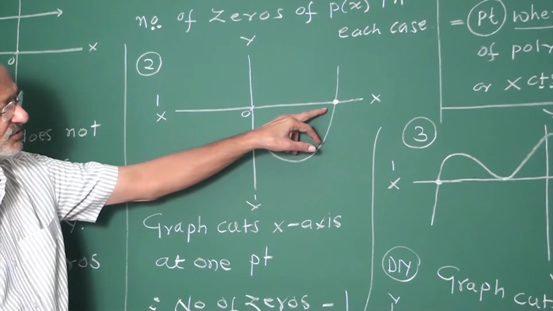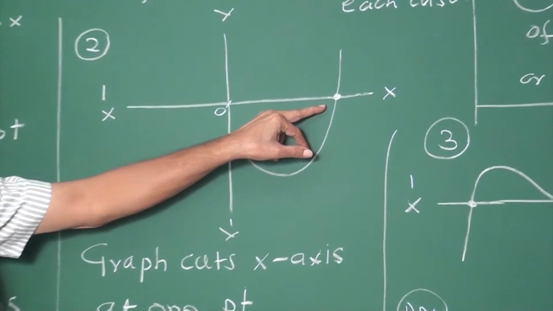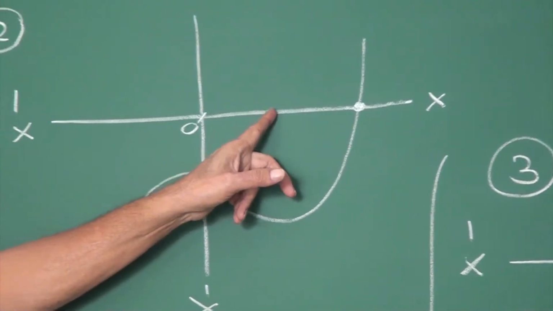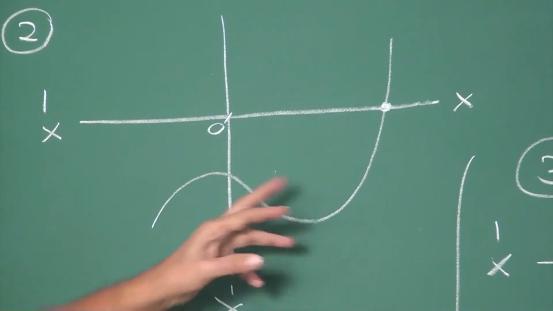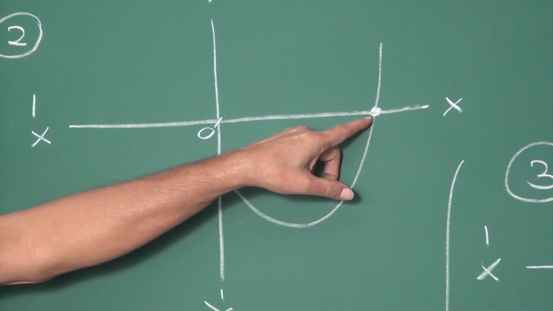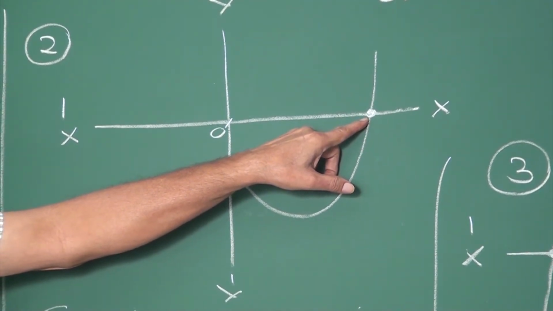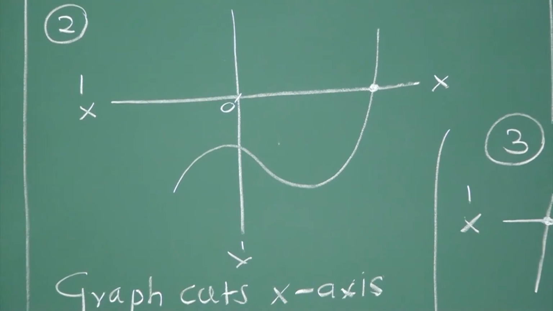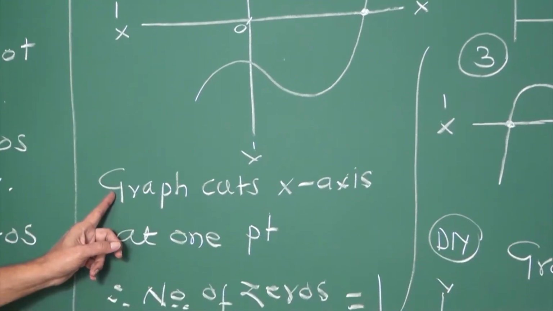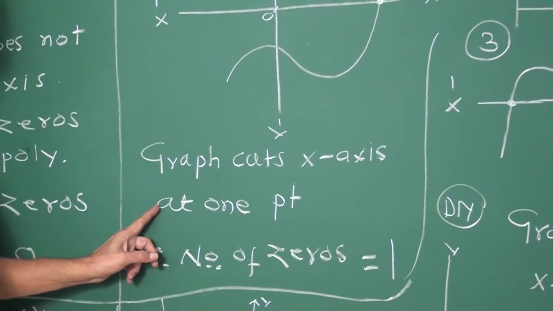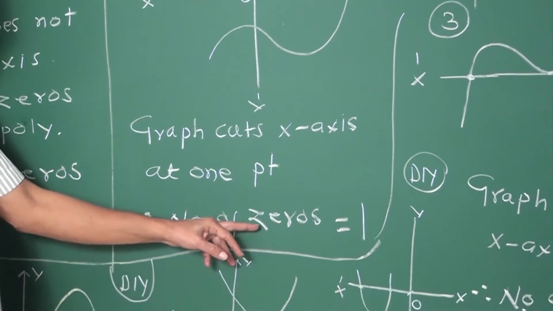Don't look at the remaining part. On the horizontal line, this graph cuts only at one point. Therefore, the number of zeros is 1.